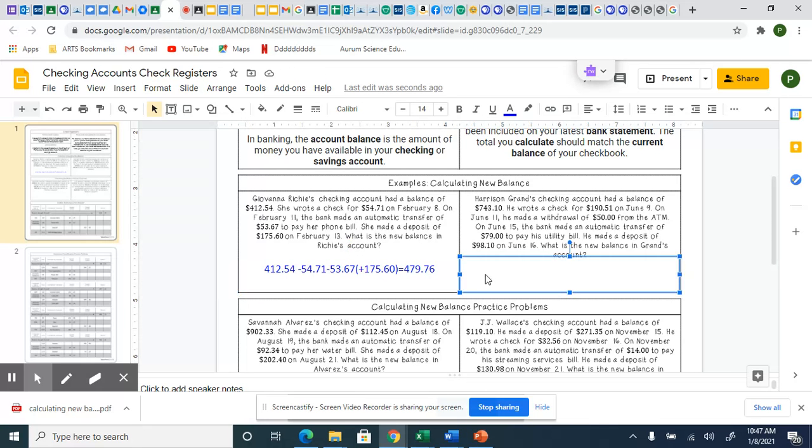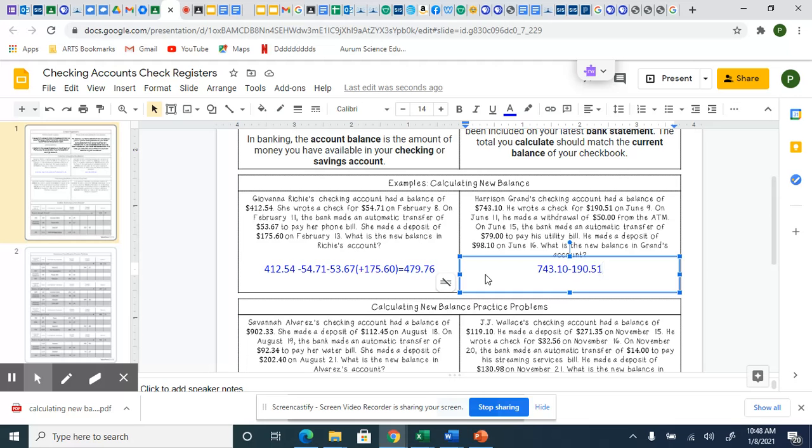So here's a similar one. This whole thing with balancing is just addition and subtraction. So we had an opening balance of $743.10. Minus, we wrote a check for $190.51 on the 9th.